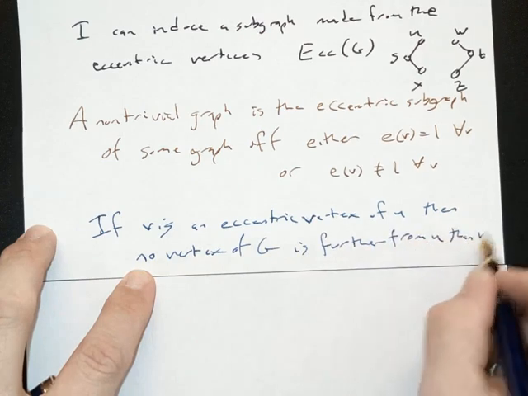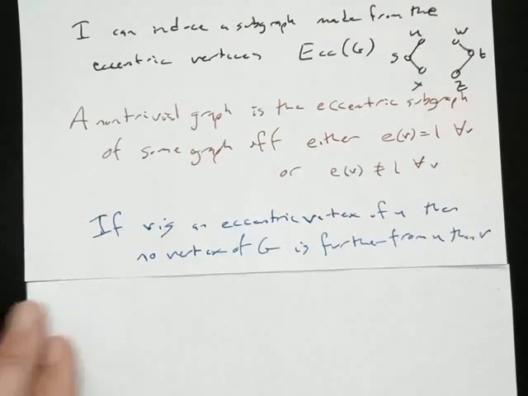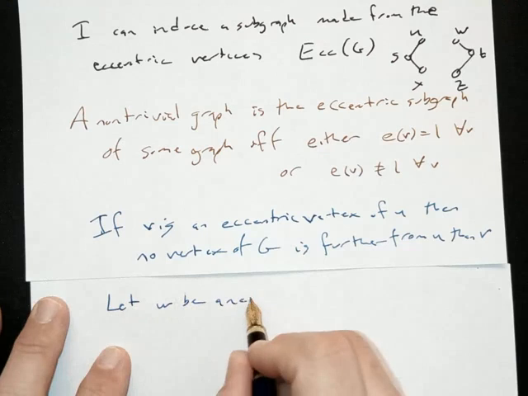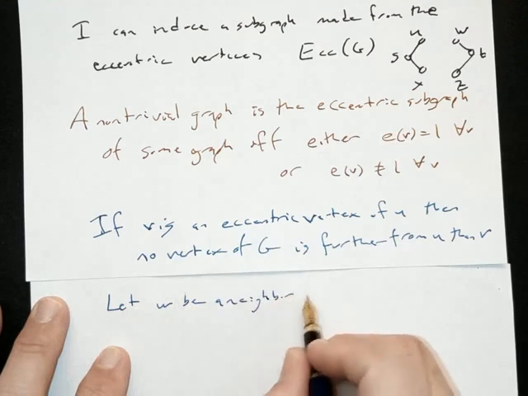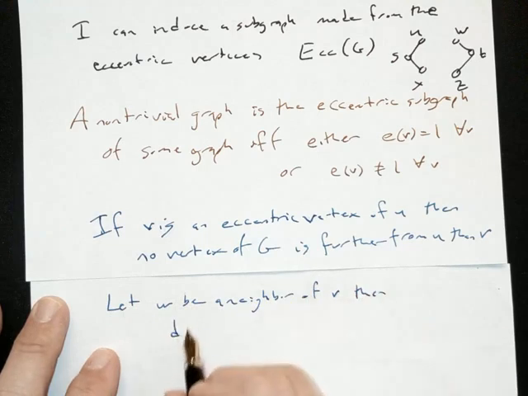V is the furthest away you can get from U. So if you took any neighbor of V, what do I know about the distance from W to U?